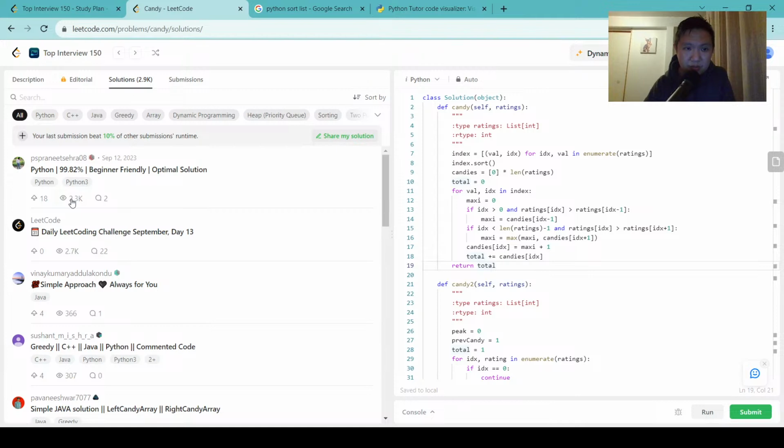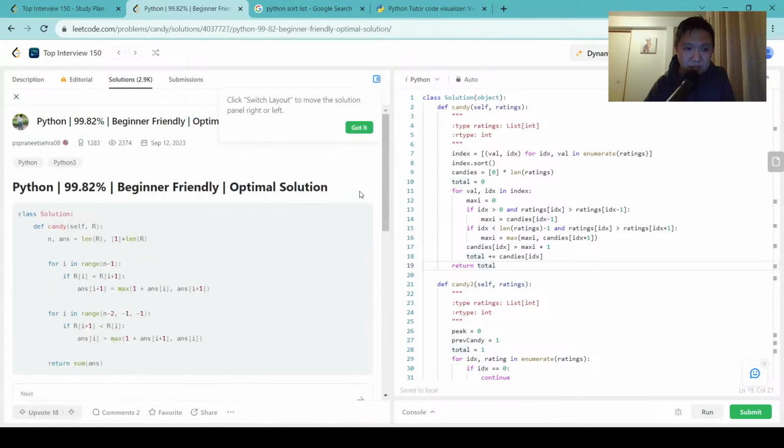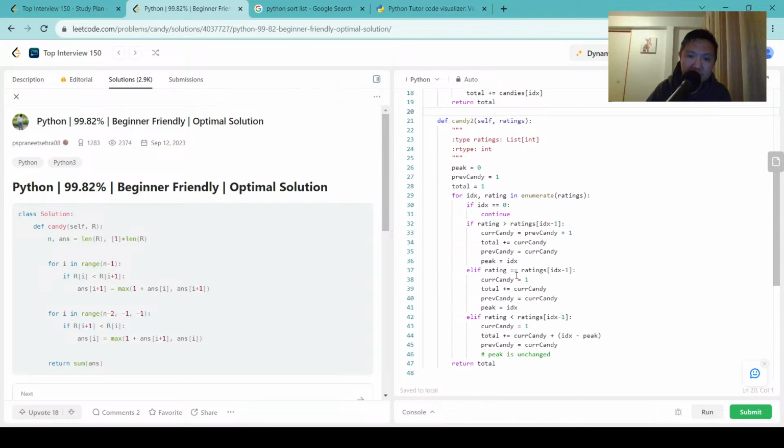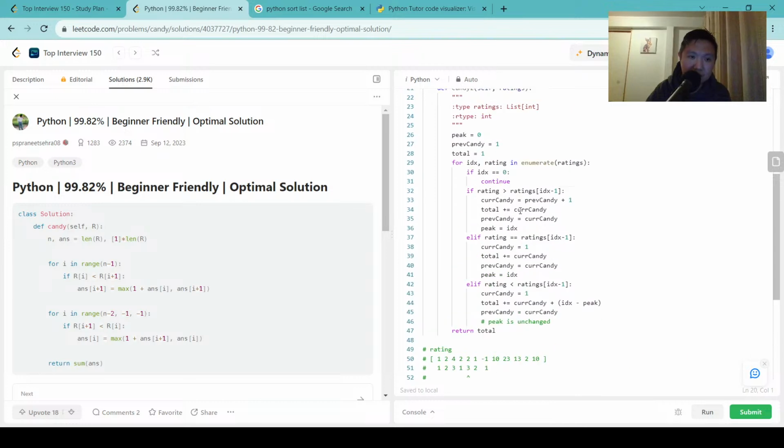Optimal solution. Oh, interesting. So I think it's very similar to this.